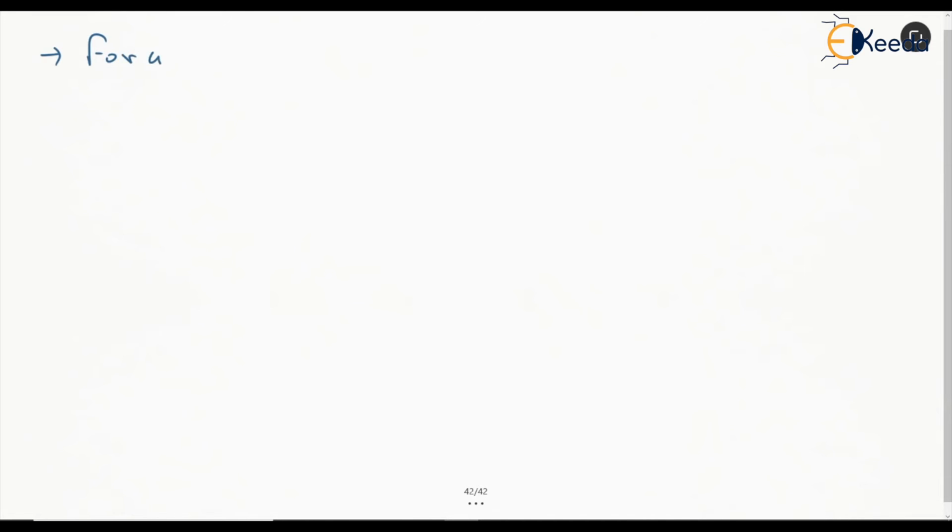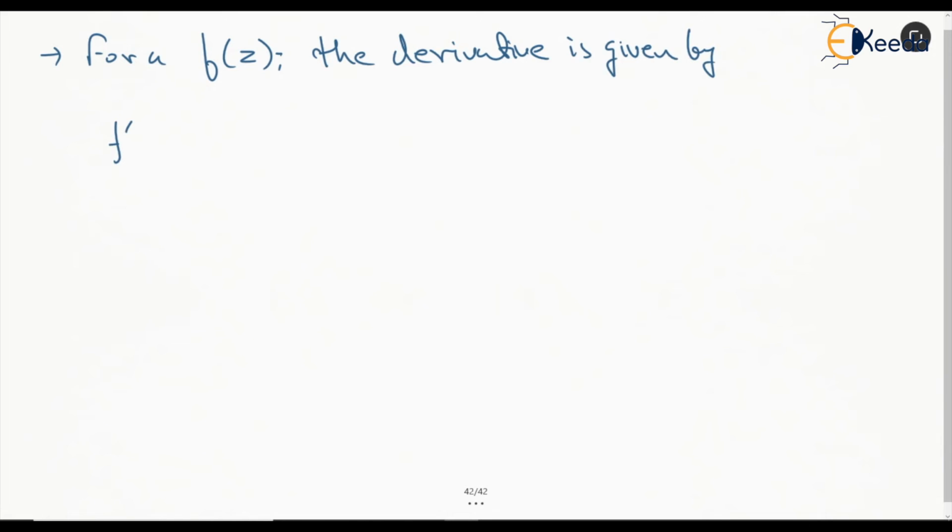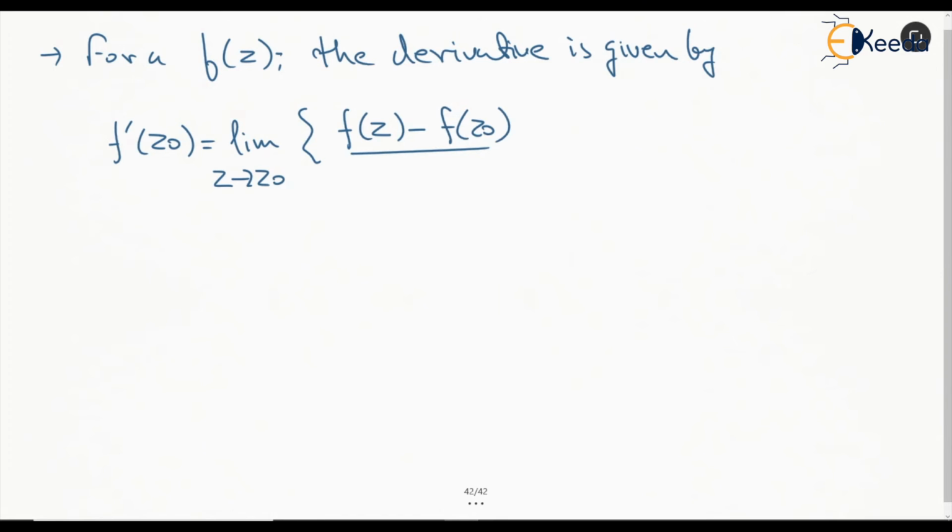Also, for a function, let's say f of z, the derivative is given by f dash z naught equal to the limit as z tends to z naught of f of z minus f of z naught by z minus z naught.